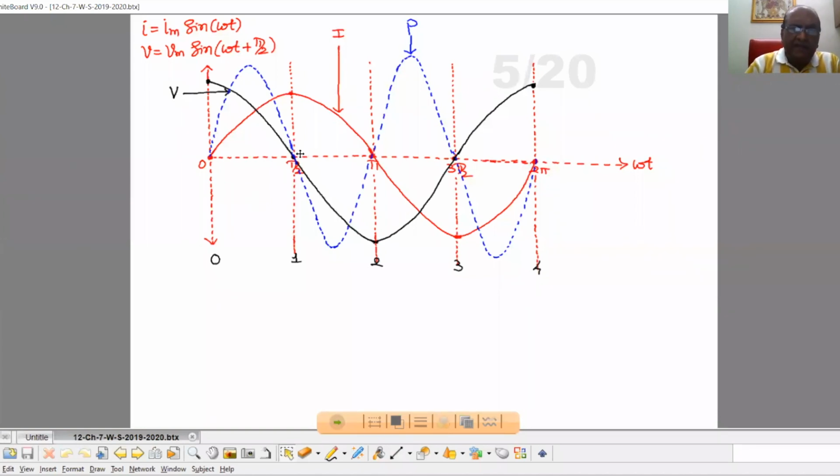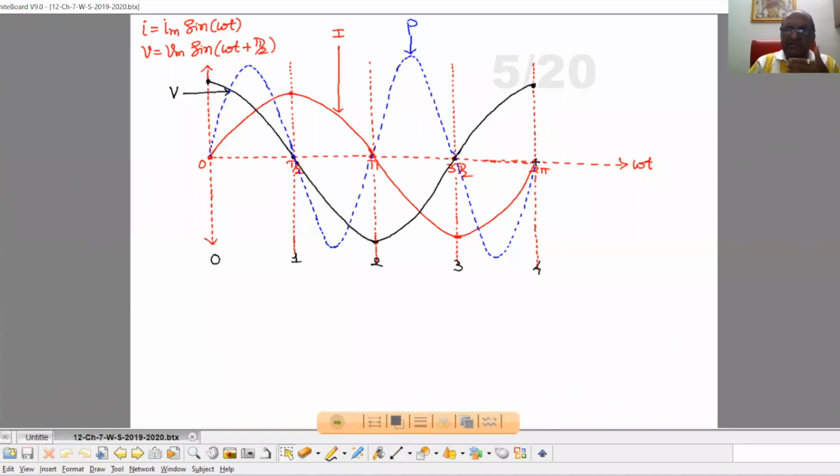During T by 4 to T by 2 time interval, the energy stored in the inductor will be transferred back to the source. Again, T by 2 to 3T by 4, the energy is absorbed by the inductor from the source. And then after 3T by 4 to capital T time, the energy stored in the inductor will be transferred back to the source.